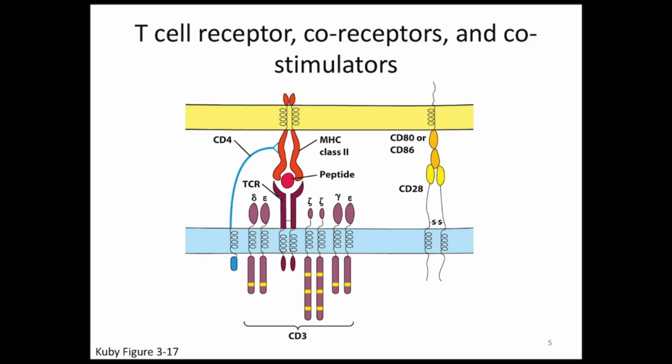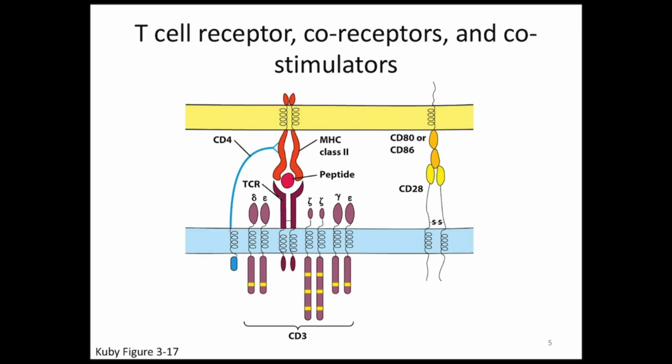When we talk about these proteins, we're going to call some of them co-receptors, and some of them co-stimulators. I'm basically going to define those two things today. You're not going to hear about co-stimulators again for a while.